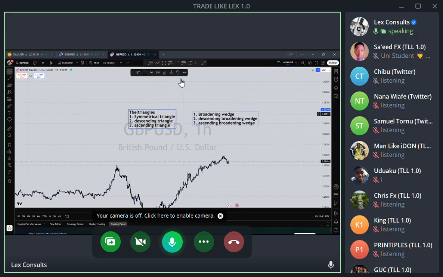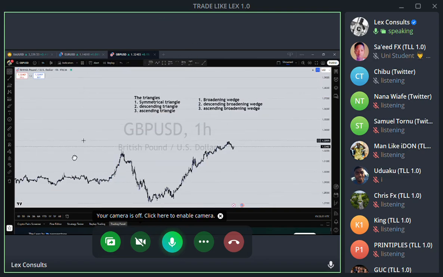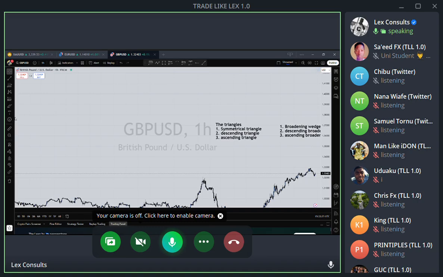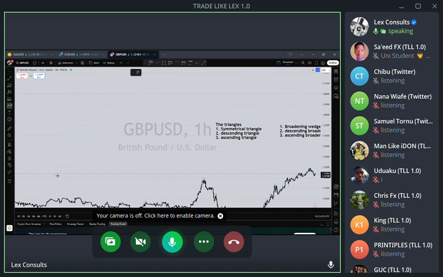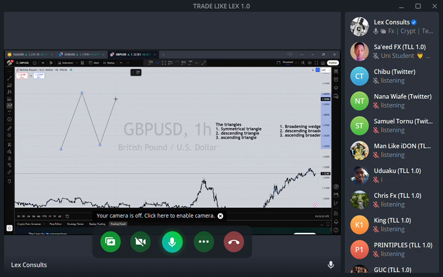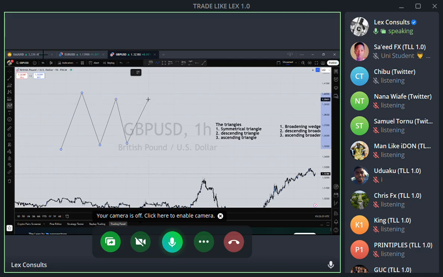The triangles and then the broadening wedge. So this is what a symmetrical triangle looks like. It's just like a pennant, but in a broader form. It's neither a reversal nor continuation pattern. How do you trade this?